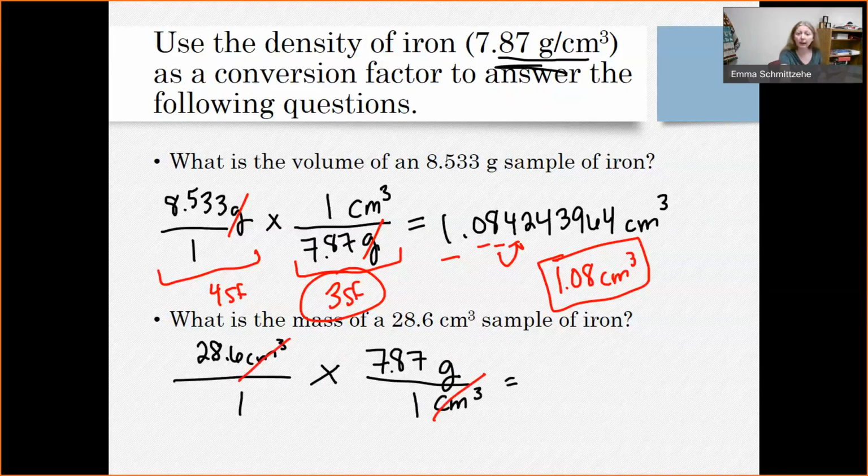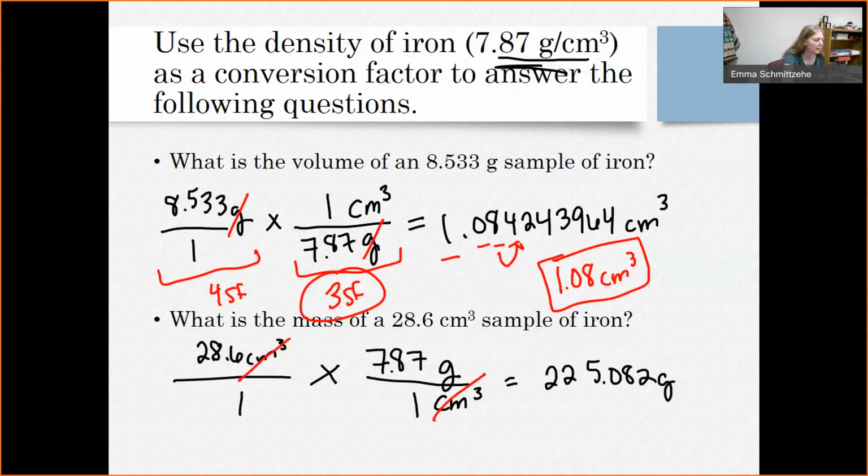I just plug that into the calculator now. If you do your unit analysis right to start with, that solves the problem for you. So 28.6 times 7.87, that gives me, at least the calculator tells me, 225.082 grams.